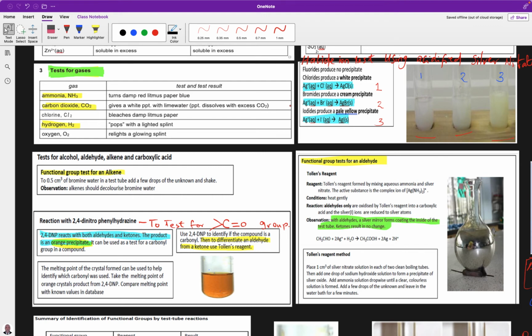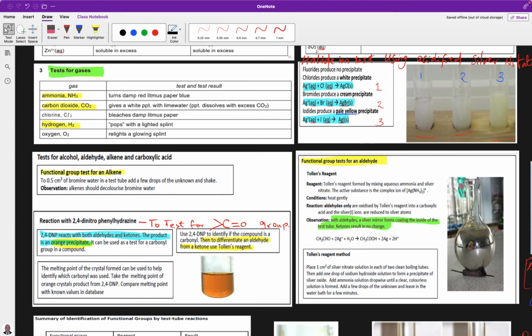Then with hydrogen gas, you can use a lighted splint. If you use a lighted splint and there is a pop sound, a pop sound indicates that hydrogen gas is being produced. In this case, you will be dealing with cations, where let me say a metal is reacting with a dilute acid.